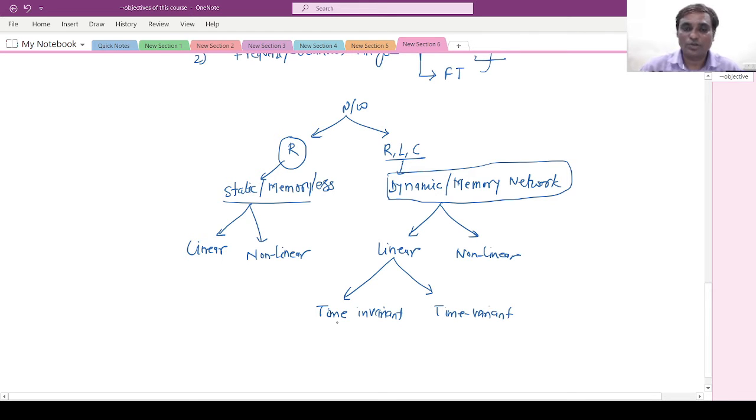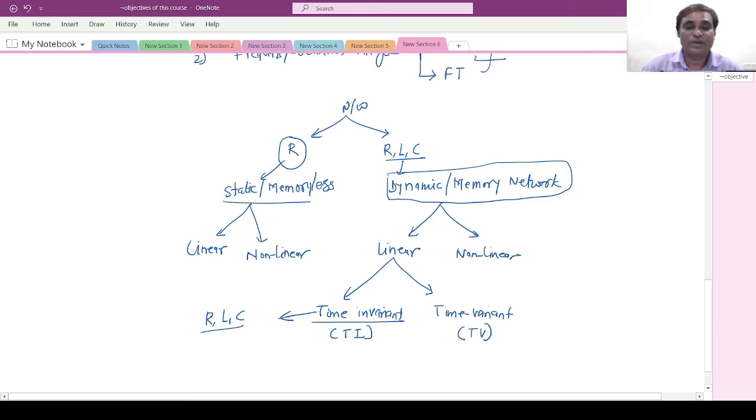What is time invariant? Let me write TI for time invariant and TV for time variant. Time invariant is a network where the parameters, which are R, L or C, are not changing. If the values of the parameters are not changing with respect to time, then that kind of network is a time invariant network.